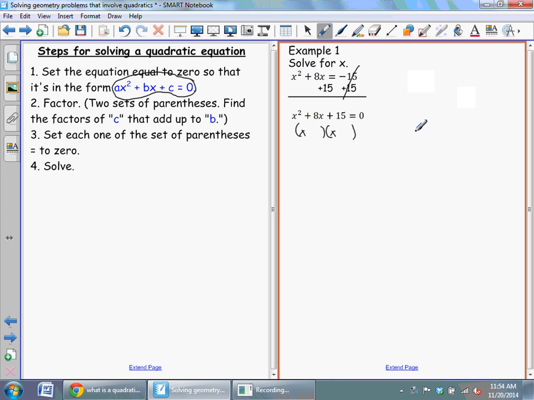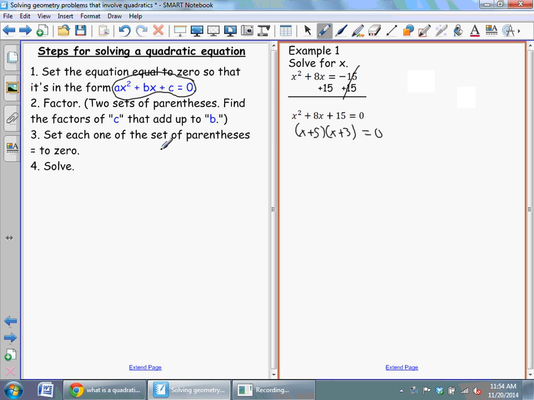I need to find the factors of 15 that add up to 8. In other words, what 2 numbers multiply to 15 and also add up to 8? That would be 5 and 3, both positive, so they both get plus signs. So 5 times 3 is 15, and 5 plus 3 gives you 8. Bring down the equals 0.